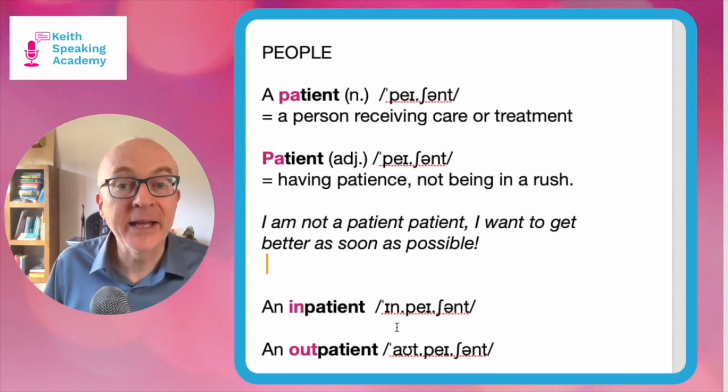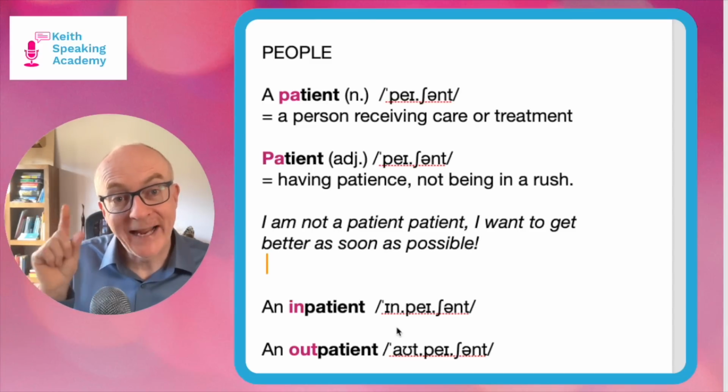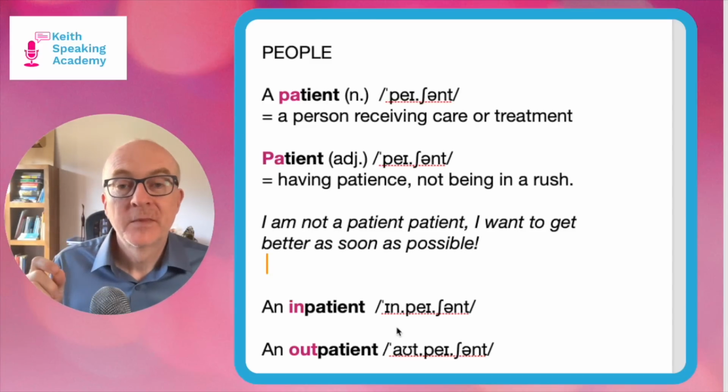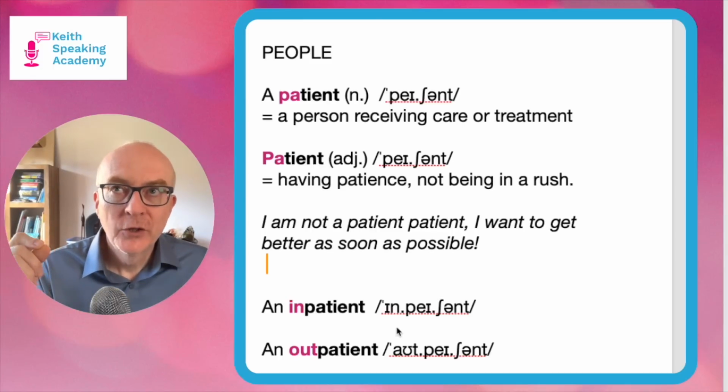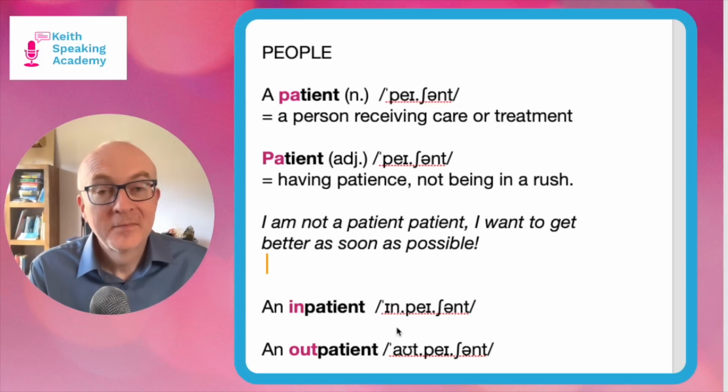Now, patient, there are two kinds, right? There's the inpatient and the outpatient. Inpatient, accent on the in, an inpatient is a patient who must spend the night in the hospital. It's logical, right? That's why it's an inpatient. It doesn't mean you're going in the hospital. It means you're going to sleep in the hospital. So if you have an operation, sometimes you have to stay overnight.